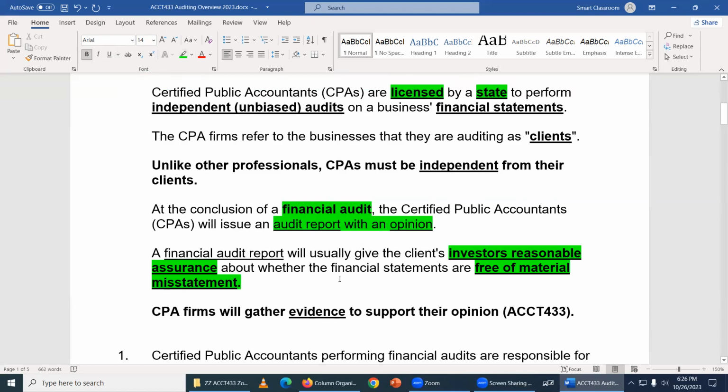Okay, so the audit report is not 100%. We give reasonable assurance, whatever the level is, 99%, 95%, whatever it is, but only for material misstatements.